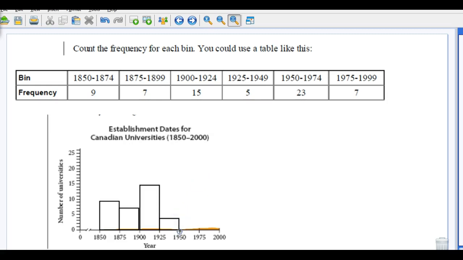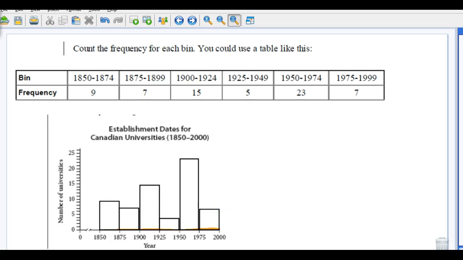There. Then we have 23 right here. So we're going to go all the way up to 23. Ooh, that doesn't look very good. Let's try that one again. We're going to go from here up to 23. And then 7 in the last group right here. So we're going to go like this.